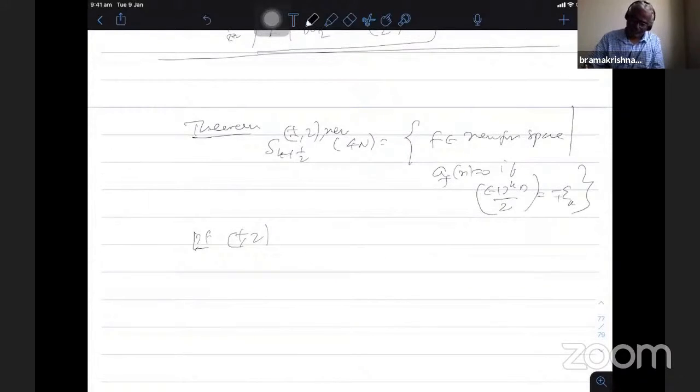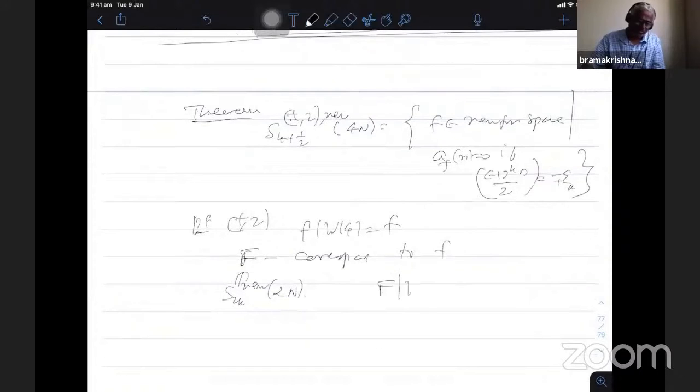So f is, W4 is f because there is a plus eigenspace. Capital F is the corresponding form to small f, and this belongs to S_{2k}(μ, 2N). And then F|W2 is ε_k F. That's what we saw. Okay.